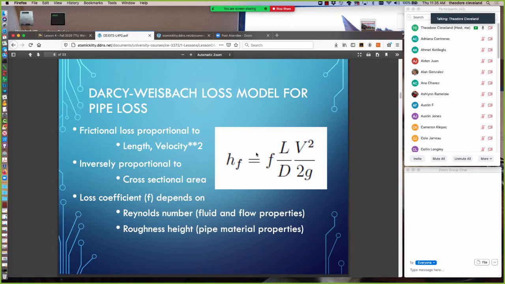But we also see that if we make the diameter bigger, we can reduce the head loss. A consequence of bigger diameter is also smaller velocity. So keep in mind that we do a lot of hydraulic control on diameter, and the associated reduction in velocity with greater diameter.